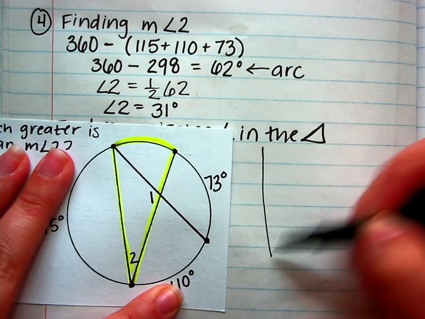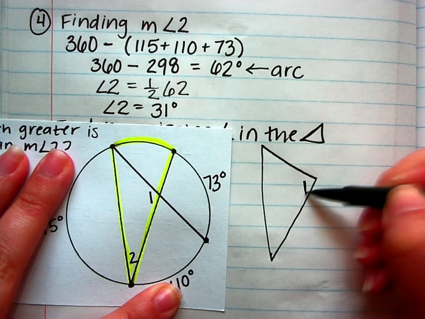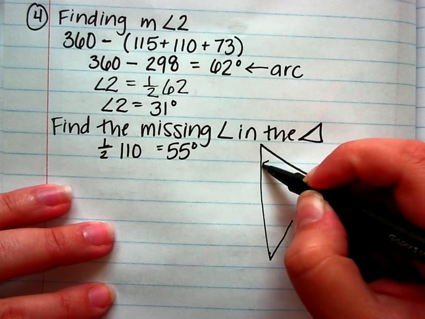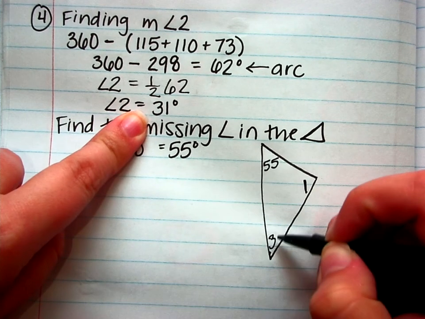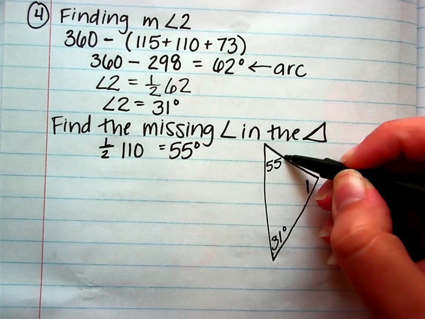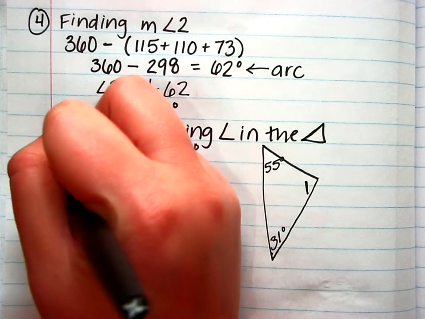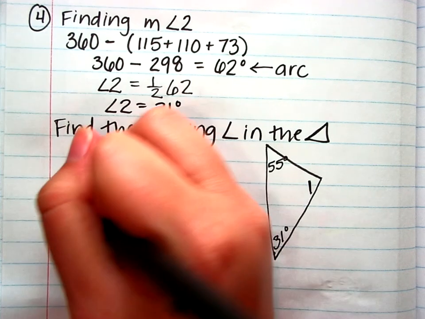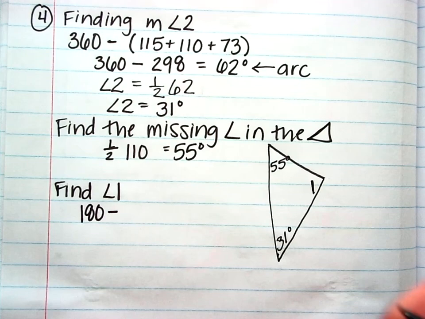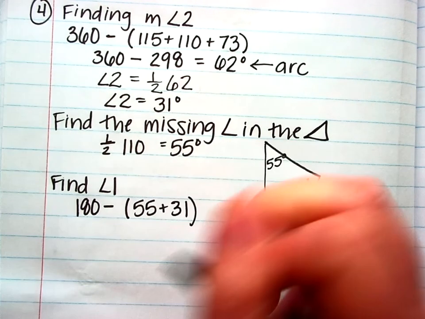We have something like this. We're looking for angle 1. We just said this is 55. We said angle 2, which was right here, is 31. And we know that all the angles in a triangle add up to 180. So to find angle 1, we're going to do 180 minus 55 plus 31.